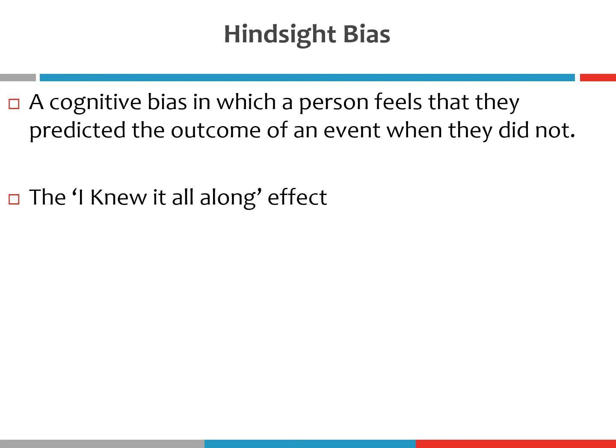Okay? And another very simple example of hindsight bias, or the I knew it all along effect, is smoking or tobacco use, right? So any of you who are even just a little bit familiar with American history know that we have been using tobacco products basically since the colonial times.